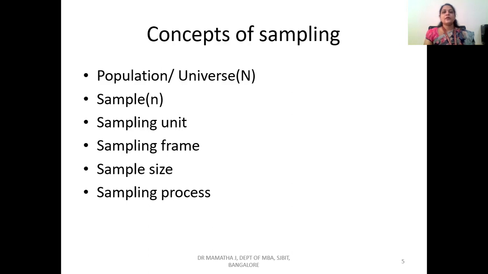If you're selecting employees for your study, your organizations will become your sampling unit. If you're covering a city, for example Bangalore, then Bangalore will become your sampling unit. Maybe you can classify it again into different areas like north, south, east, west Bangalore. These will serve as your sampling unit.